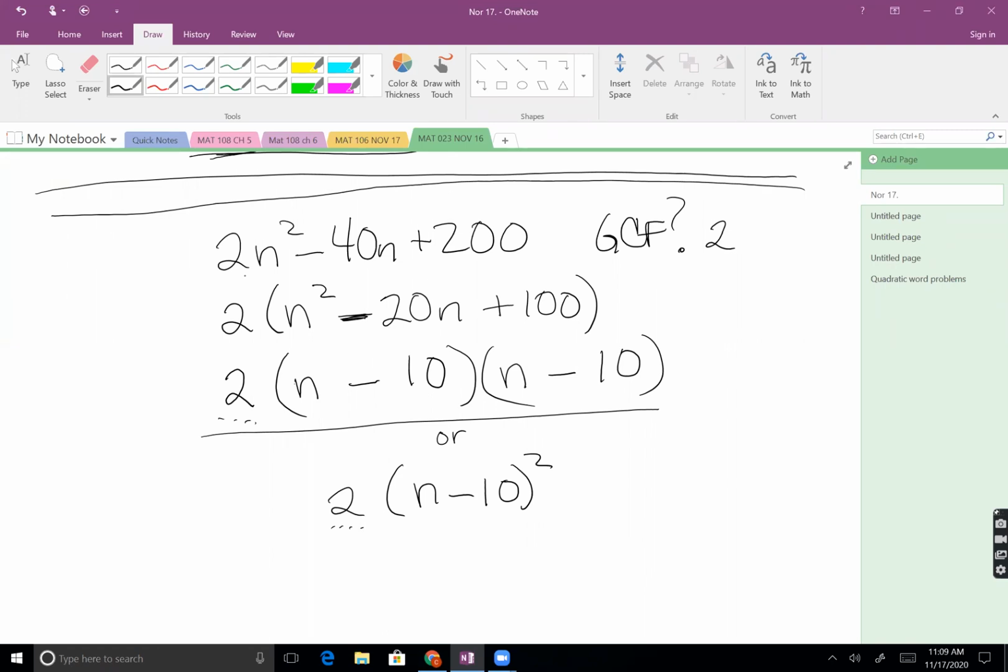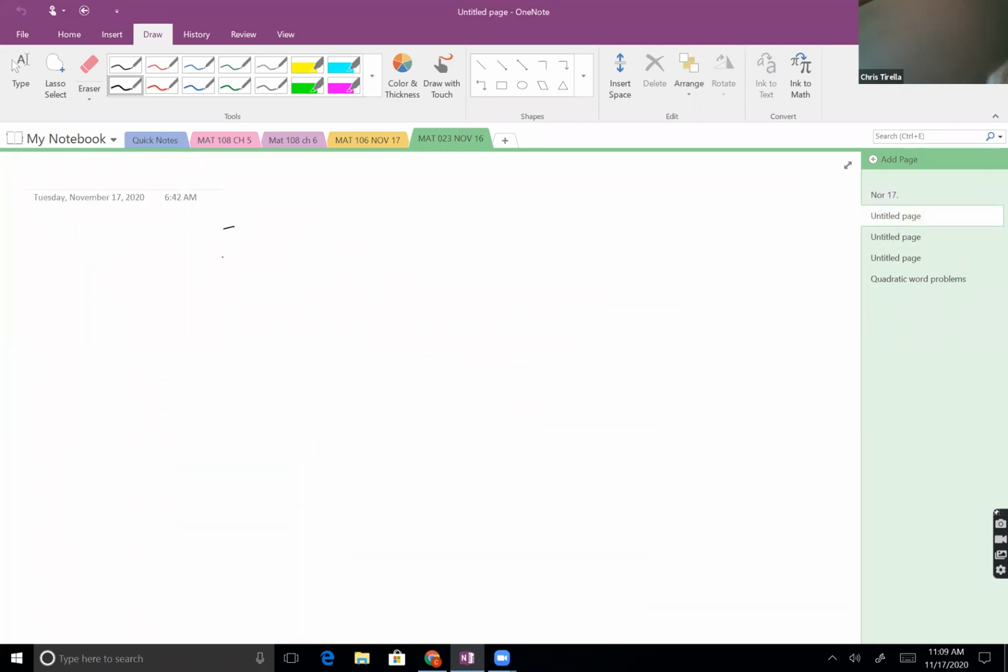Good. Then in addition to factoring completely, last class we also looked at the idea of solving a quadratic equation, or solving an equation, not just a quadratic, but an equation with exponents on the variables.